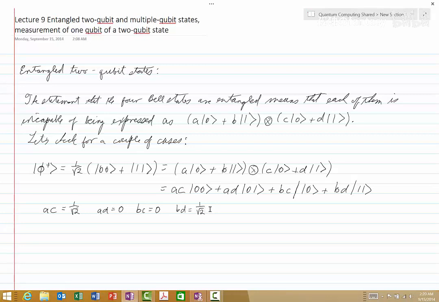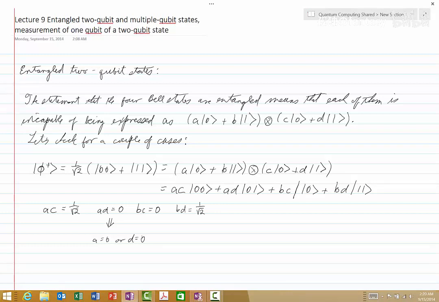Now, if you look at this equation, that AD is equal to 0, well, there's only two ways that can be true. Either A is 0 or D is equal to 0.